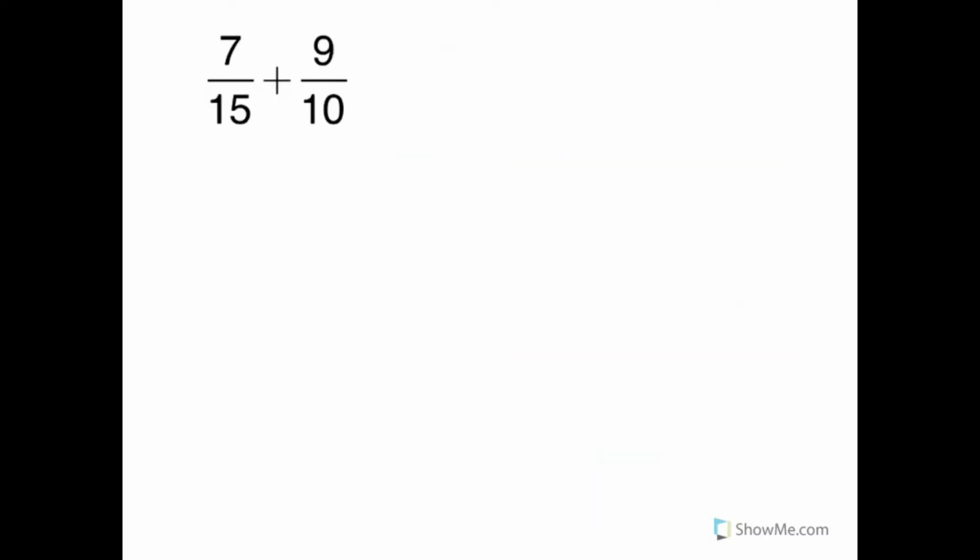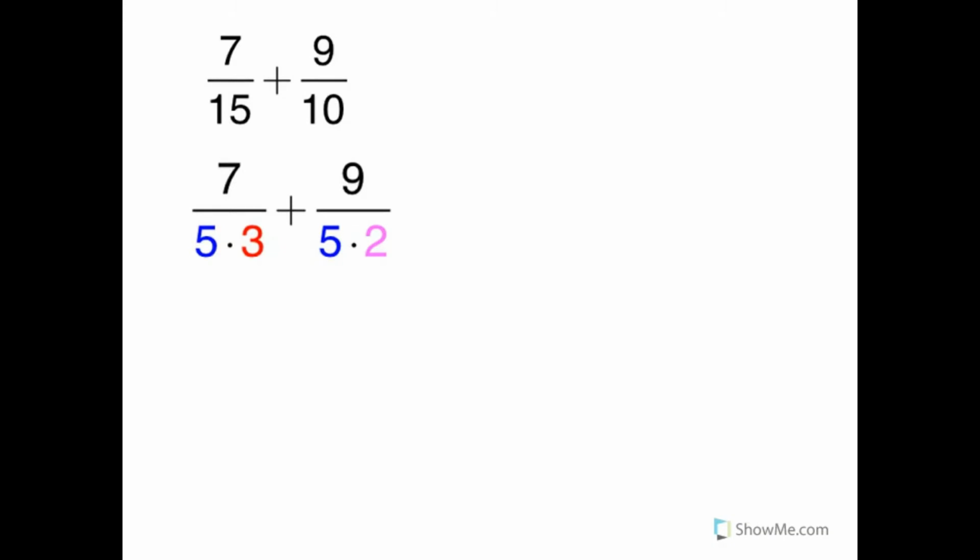Let's add these two fractions with numbers and watch how we find the common denominator so we can use that method with rational expressions. So I have 7/15 plus 9/10, and I need to find a common denominator. I'm going to start by factoring the two denominators.